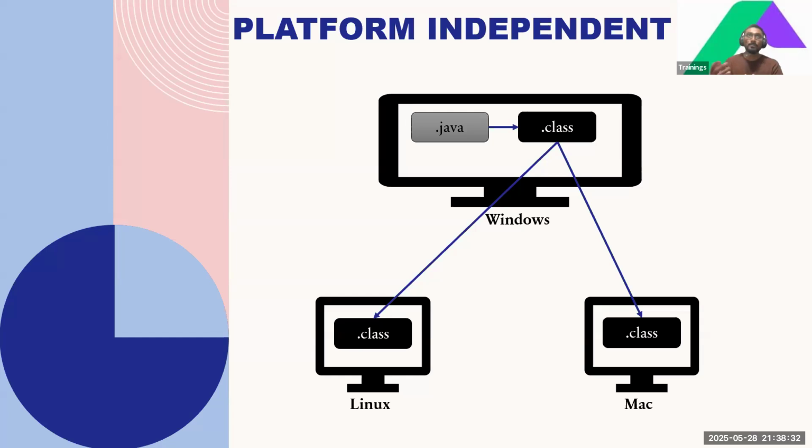Then Java is distributed and multi-threaded. Multi-threaded means the application supports multiple tasks. It is not like at a time it can do only one task; it can do multiple tasks. What types of multiple tasks? For example, in Google Chrome you can perform multiple tasks at a time.